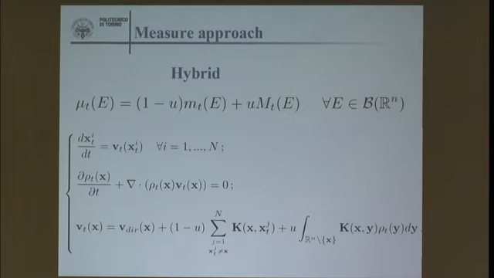And in the velocity term, you can discriminate the interaction between discrete and discrete, discrete and continuous, and the other one with the continuous, and so on.